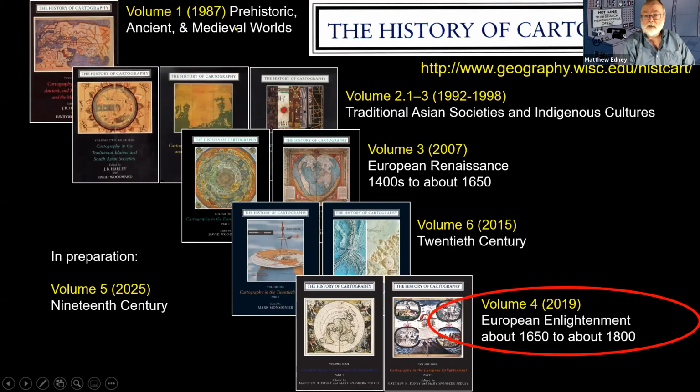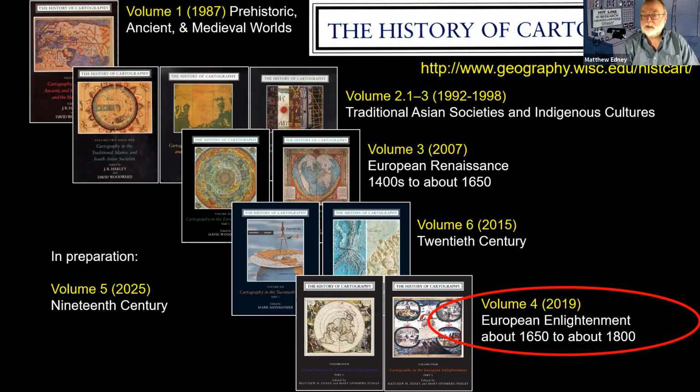And so David, in the very late 90s, early 2000s, was interested in trying to figure out how to have more than one volume in preparation at the same time as a way to try to speed up the whole, which has sort of worked. The last 3 volumes are coming out at a faster clip. May not feel that way, but they are.